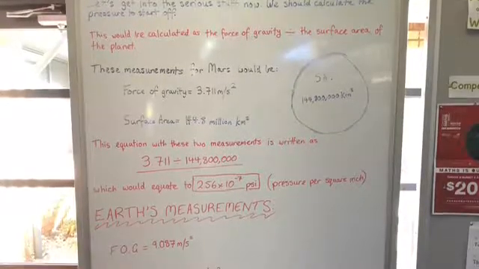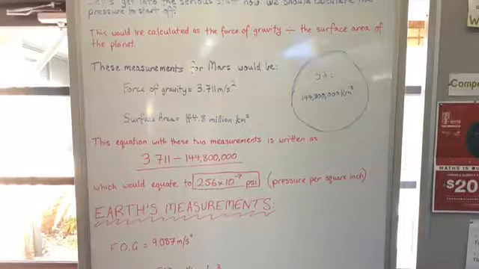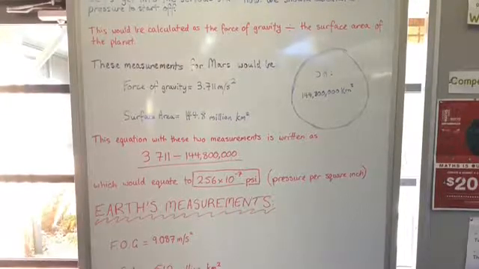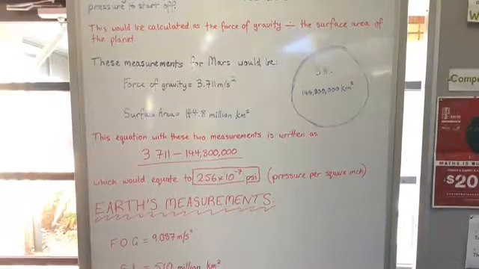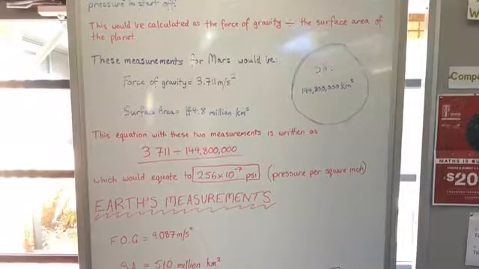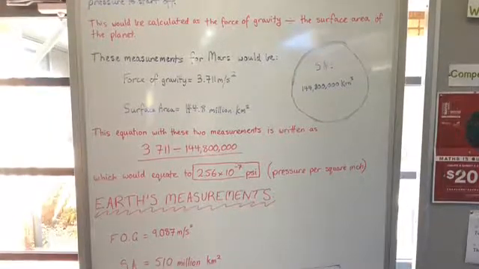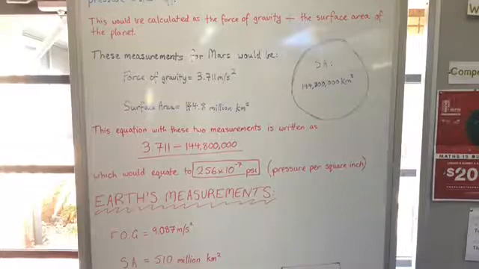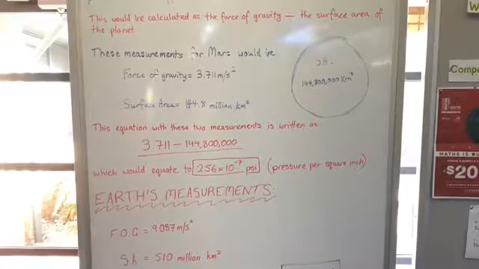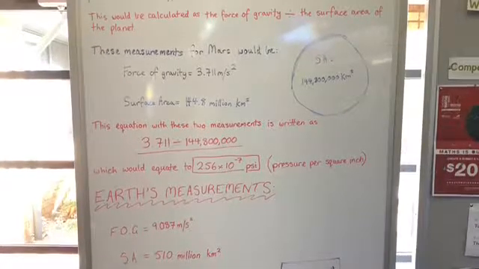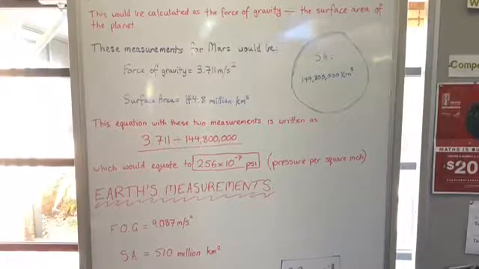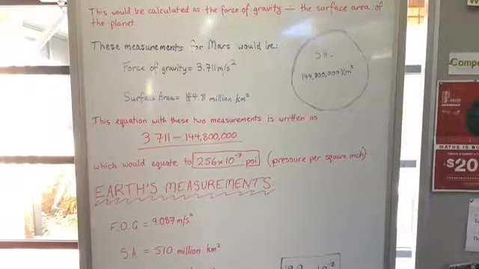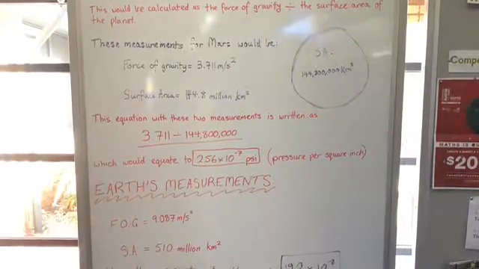We should calculate the pressure to start off. This would be calculated as the force of gravity divided by the surface area of the planet. These measurements for Mars would be force of gravity equals 3.711 meters per second squared. The surface area would equal 144.8 million kilometers squared.